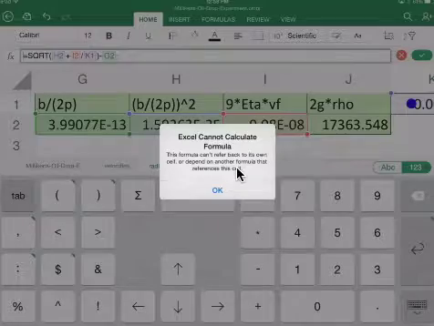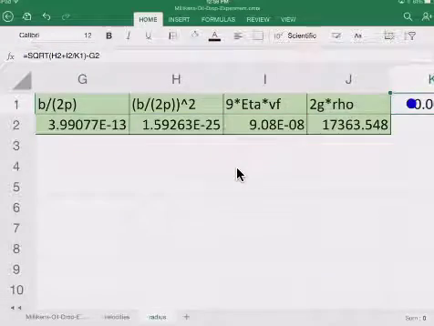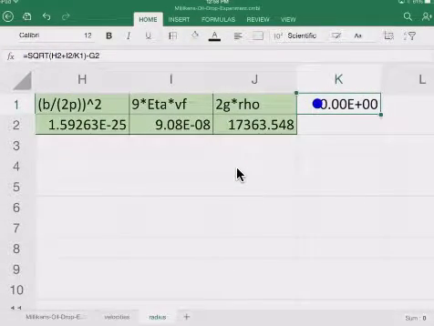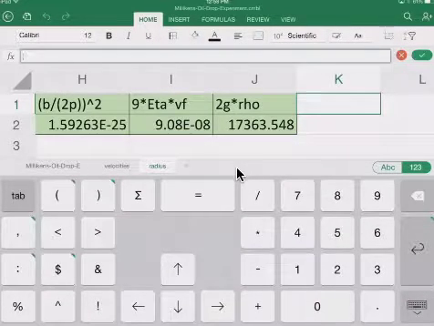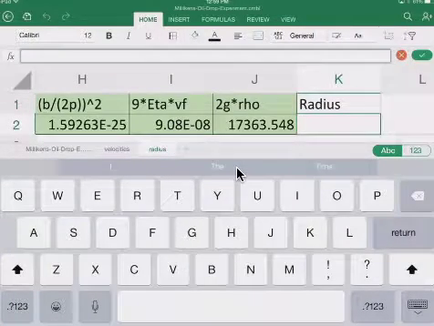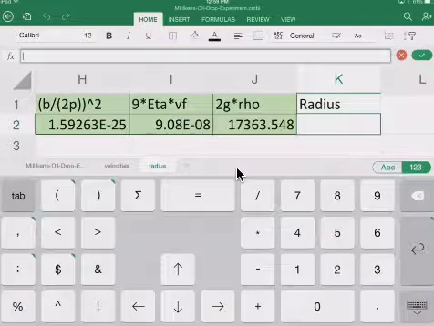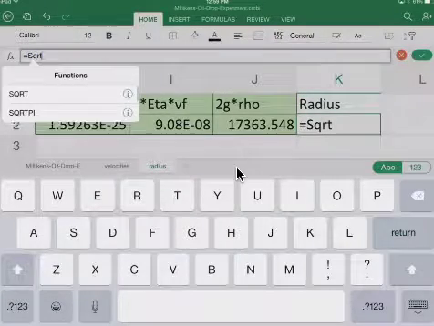Uh-oh. Excel cannot calculate the formula. What happened? Let's see, it's possible that I put something in wrong, let me double check. Let me just clear that. And again, let me call this the radius. And this is going to equal SQRT.